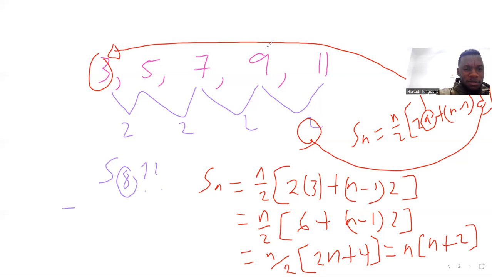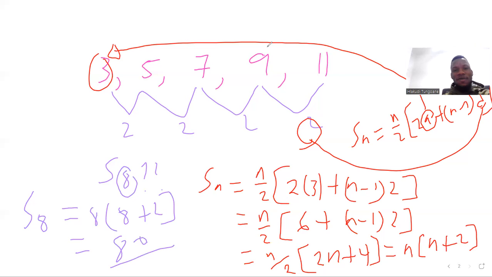So S8 is going to equal 8, remember n, times 8 plus 2, which is 10. 10 times 8 is 80. So the sum of the first 8 terms in our sequence here is 80.